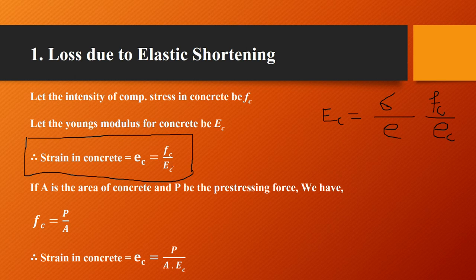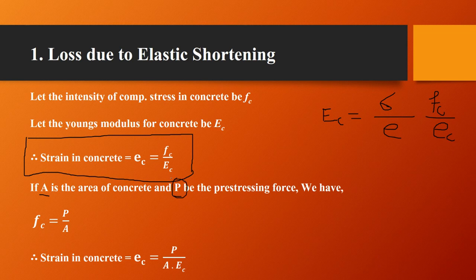Now the cross section of that beam is also known, so we can calculate the area of that concrete section, and the pre-stressing force which we have applied, the initial pre-stressing force P, is also known to us. By using this relation, we'll be able to calculate the stress which is going to develop in that concrete.